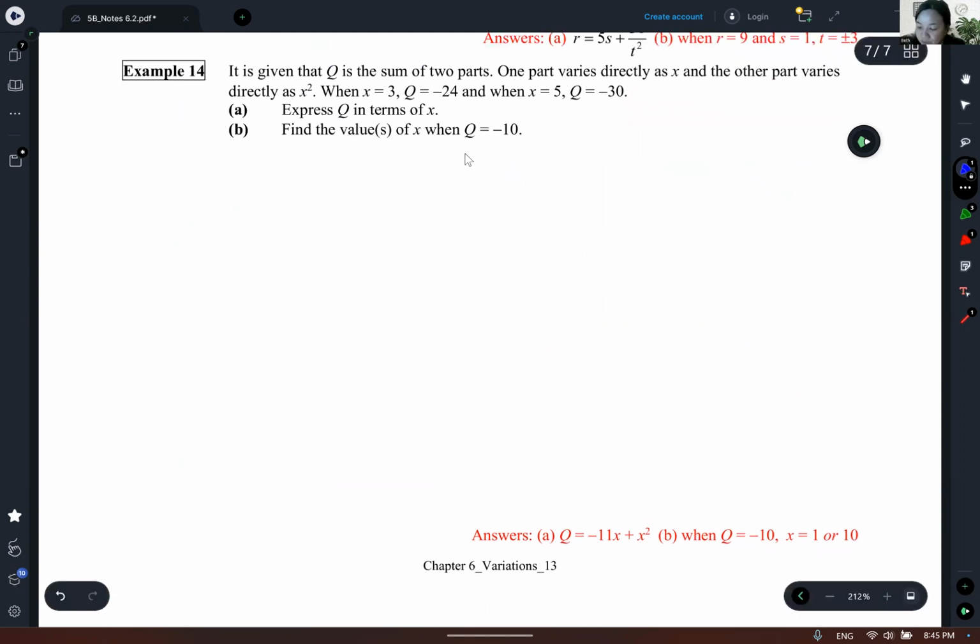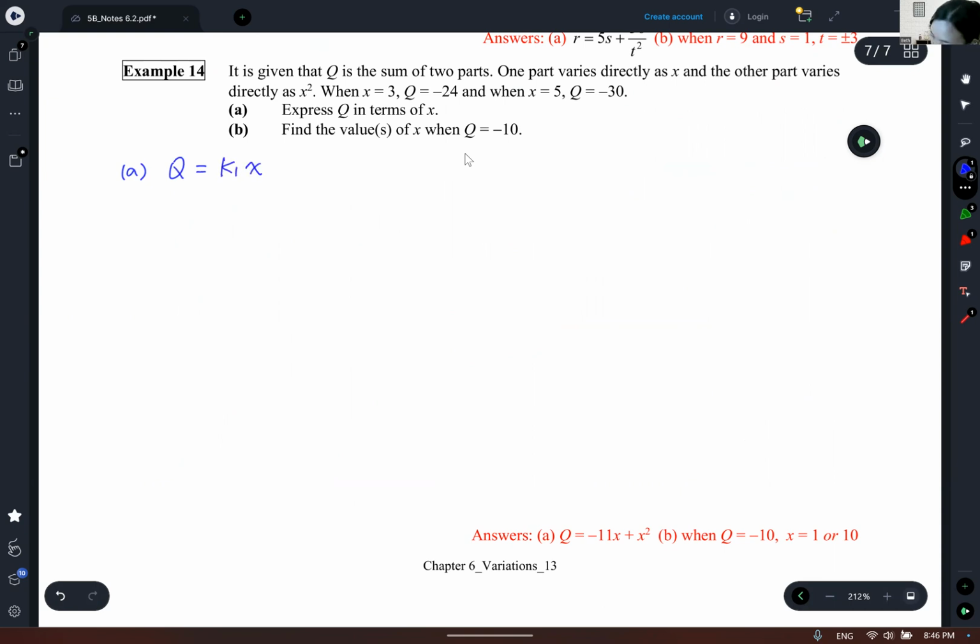It is given that Q is the sum of two parts. One part varies directly as x, and the other part varies directly as x squared. When x equals 3, Q equals negative 24. When x equals 5, Q equals negative 30. Okay. Q is the sum of two parts.